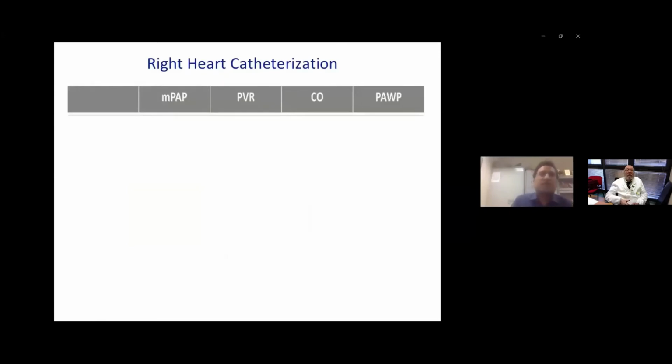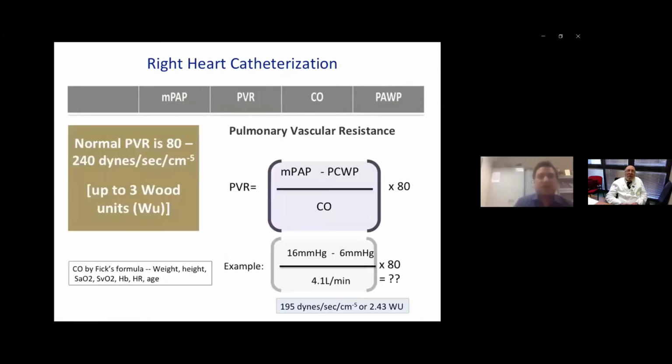So not only do we do HVPG, in the similar setting, if we advance the catheter into the heart, we can measure the right atrial pressure, then the pulmonary artery capillary wedge pressure, as well as the pulmonary artery pressure. These may be important in patients with cirrhosis. We can measure the cardiac output by using the fixed formula. We can easily get the weight and height of the patient, the SpO2, and the venous saturation of oxygen by taking the ABG while the catheter is placed in the pulmonary circulation.